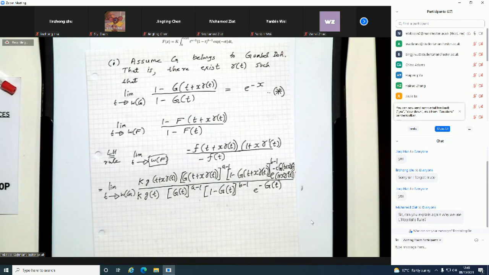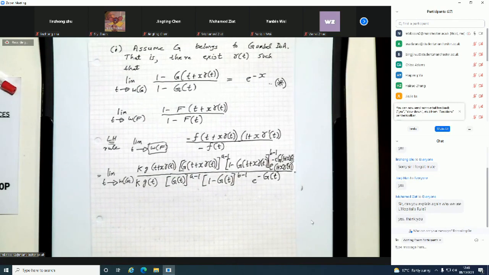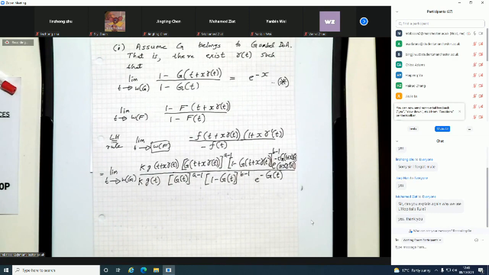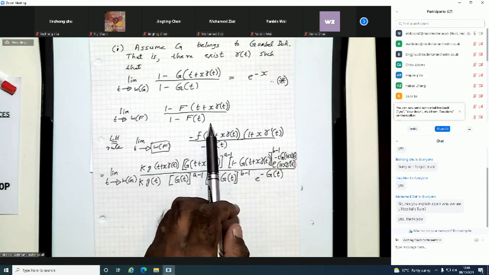Is it given in the question that f approaches 1? Yeah, it's because it's a CDF. A CDF must approach 1 as t approaches the upper end point. That's by definition, right? So both this guy here and this guy here must approach 1 by definition.